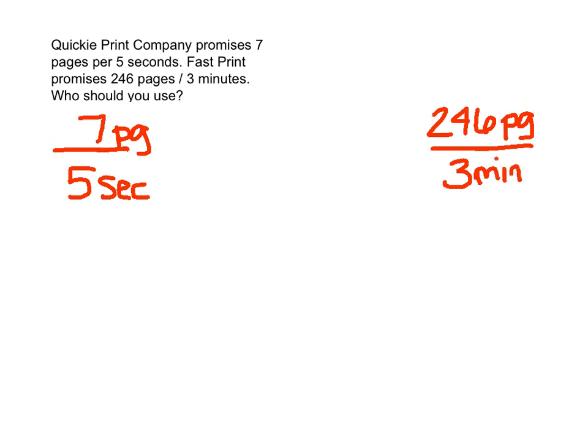Which company are you going to use? Which one is better? So again, you need to make them both into seconds, so you have the same unit of time, then go to the unit rate, then you can compare them and decide who's faster. Let me know tomorrow. Show me your steps.